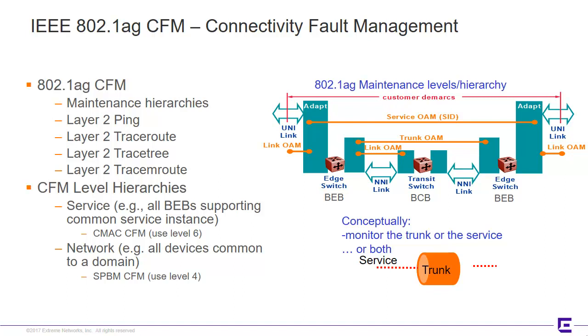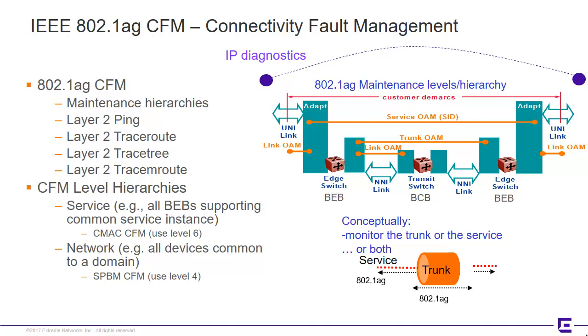We will not be using CMAC CFM, although it is part of the actual standards. Instead, what we're going to be doing is demonstrating how we can use IP diagnostics as an overlay function, and we will then coordinate the service point of presence to the network, and then we'll run CFM to actually establish the path behaviors that are happening for that given service.